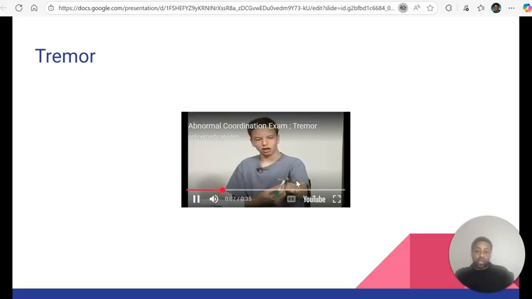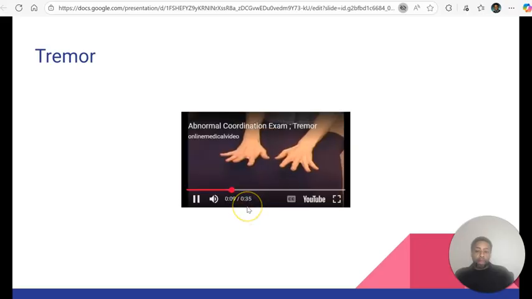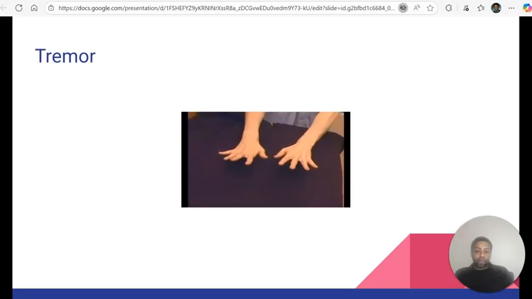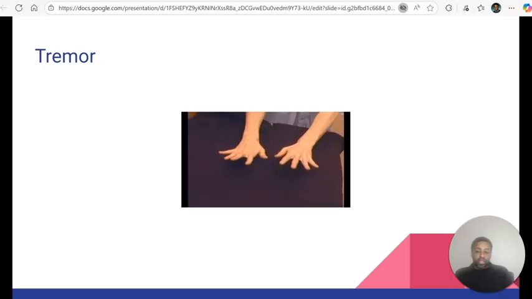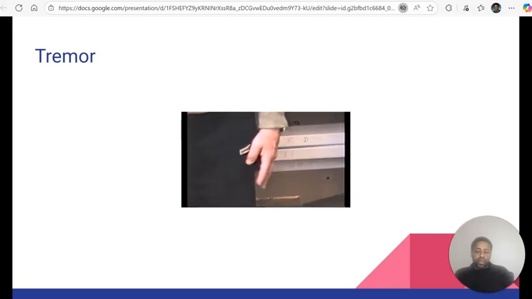So you're missing the target. And there's this little bit of tremor at rest, and there seems to be some rigidity there as well. This is at rest tremor.